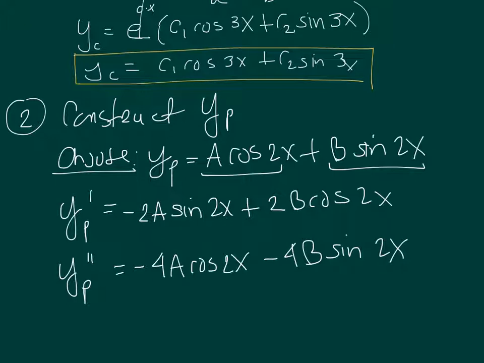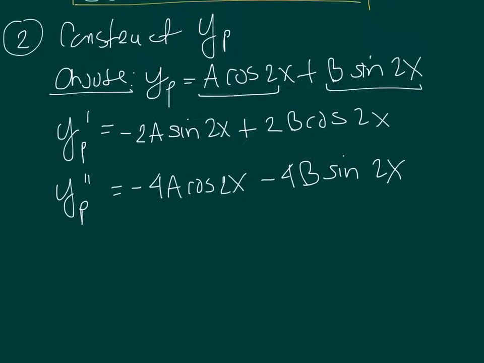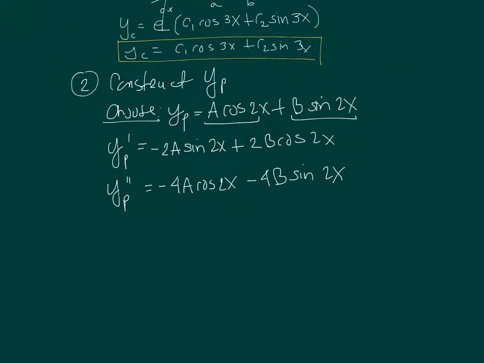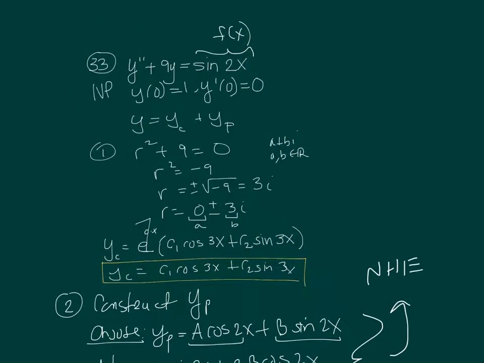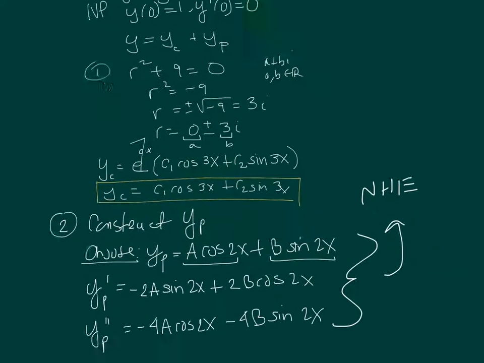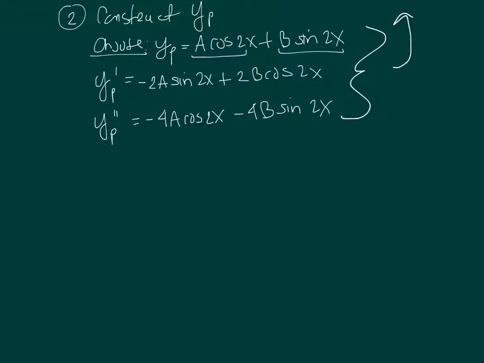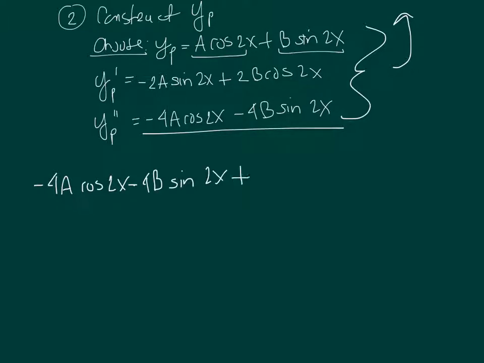Okay, so let's substitute this back into our equation. This is going to go back into the non-homogeneous equation, which I believe was y double prime plus 9y equals sine 2x. So y double prime is right there: negative 4a cosine 2x minus 4b sine 2x, plus 9y.